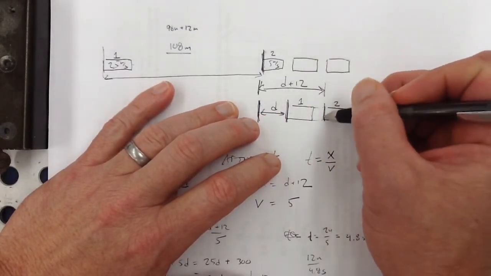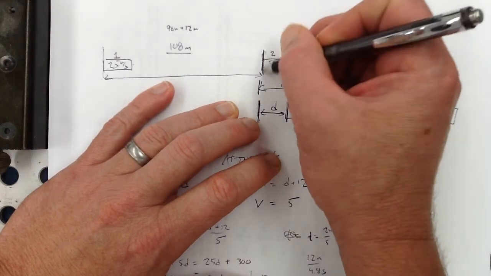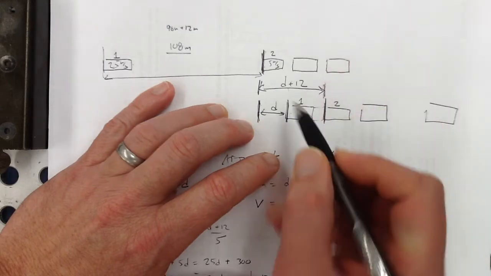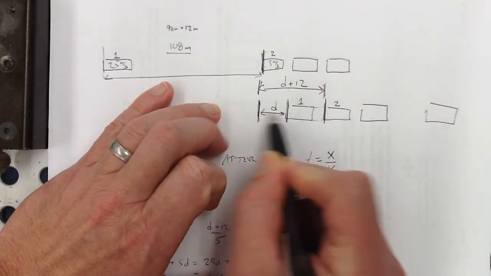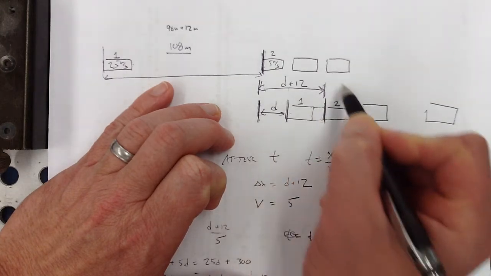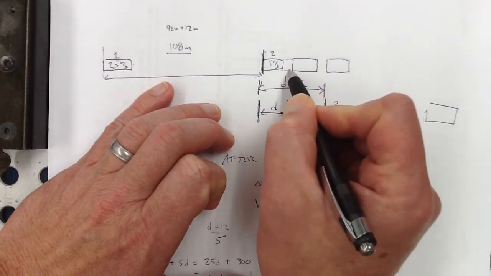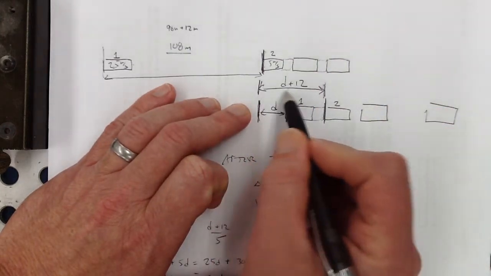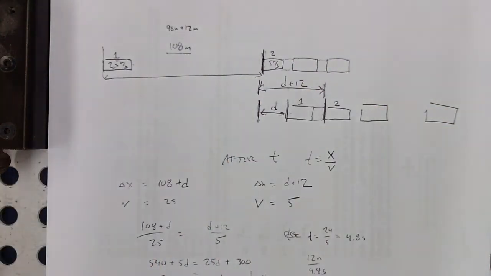I called this distance where car 2 is, from the back of car 2 to the back of car 2, D, which I just made up a name for, plus a whole car plus buffer. And I want that distance because that's how far car 2 traveled.